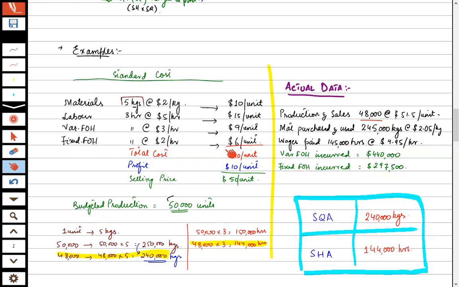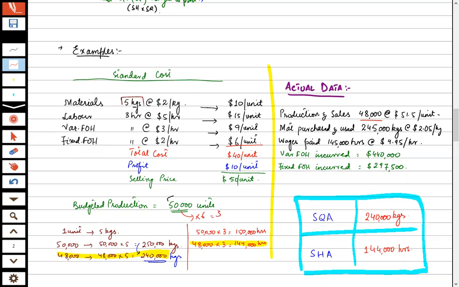So for one unit, it would be $6, not per hour. Do not confuse here. This is a very important discussion. For producing one unit, fixed FOH will be incurred at $6 per unit. So for budgeted production of 50,000 units, fixed FOH will be multiplied by 6.